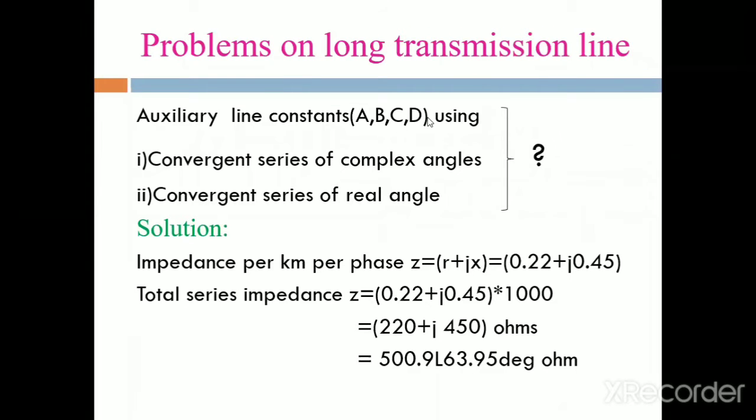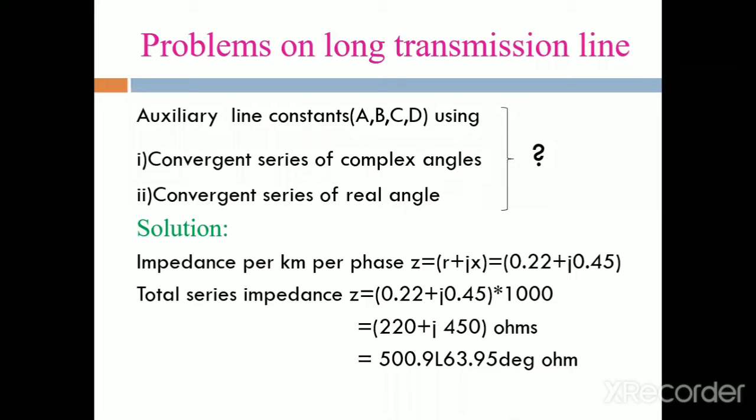That is the ABCD constants, using first the convergent series of complex angles. By using the complex angle method, we determine the ABCD constants. Next is the convergent series of real angles.